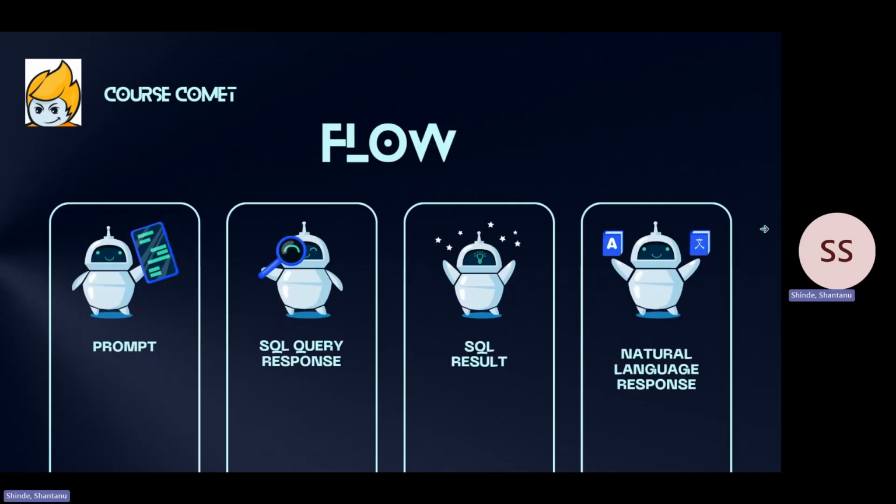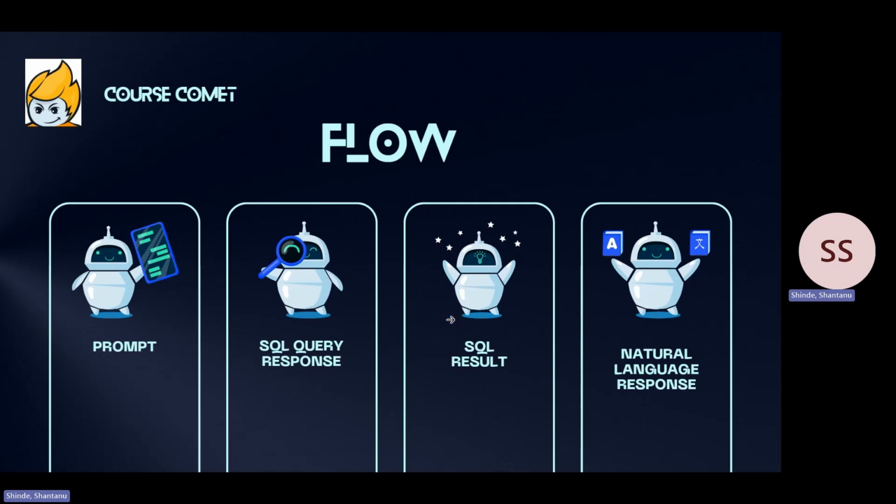Here's a brief flow of how our chatbot works. When you type in the natural prompt, which is the first step, it gets sent to the backend, which sends it to the large language models along with the schema. From there, we get a SQL query response, and that SQL query response is run on a local database to get the SQL results.